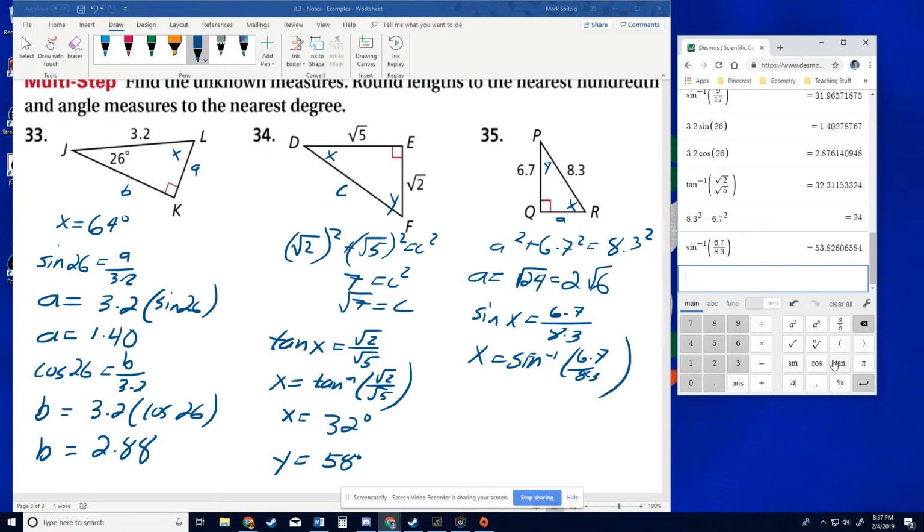Okay, and so that looks like 54 degrees. So 54. And so y is going to be just 36 degrees. And those are rounded like it asked for the nearest hundredth.